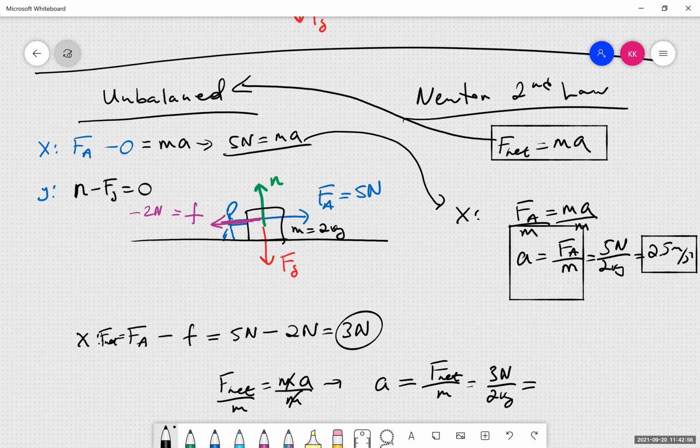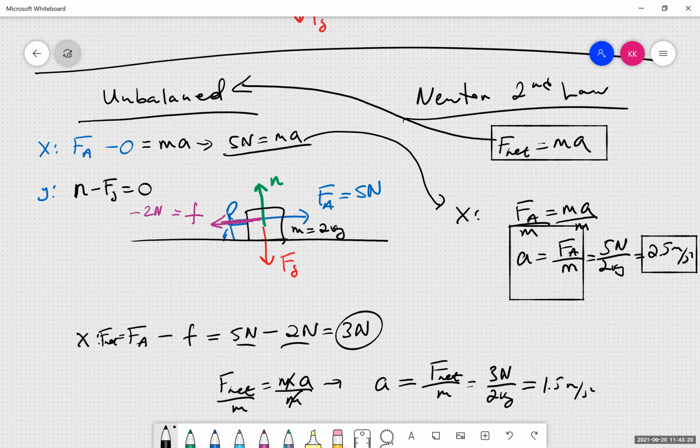So in this case, I have only 1.5 meters per second squared acceleration. That's because my forces are acting in opposite directions, so the friction cancels out some of the effect of the push force.